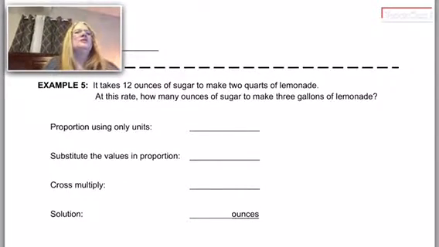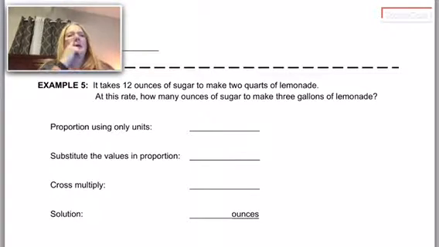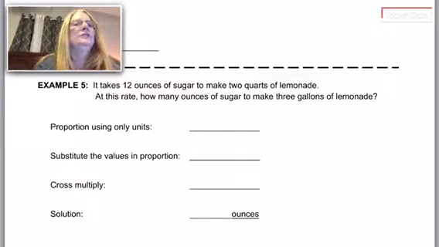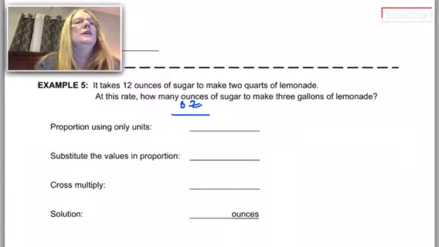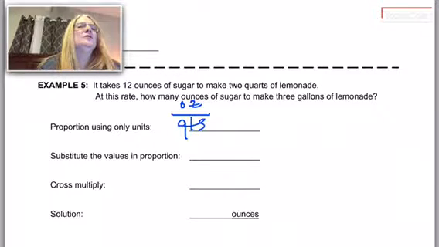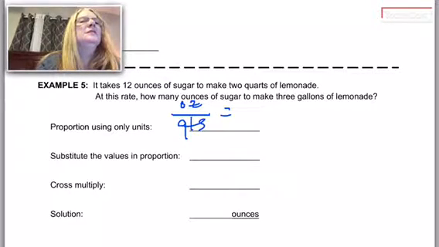It takes 12 ounces of sugar to make 2 quarts of lemonade. Okay, so we have ounces here and quarts. At this rate, how many ounces of sugar does it take to make 3 gallons?